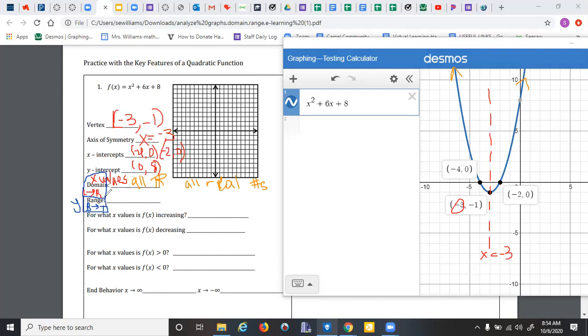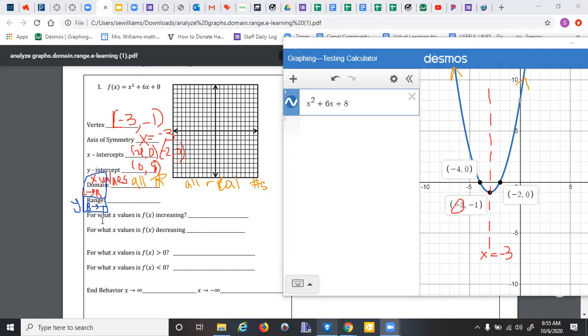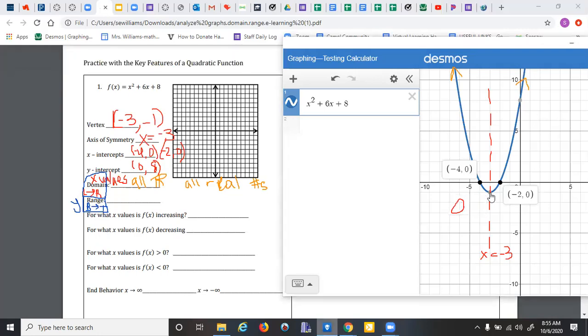All right, does this graph go to the bottom forever? No, it stops at the minimum. And remember, range is y value. So what is the y value of the minimum? -1, good.